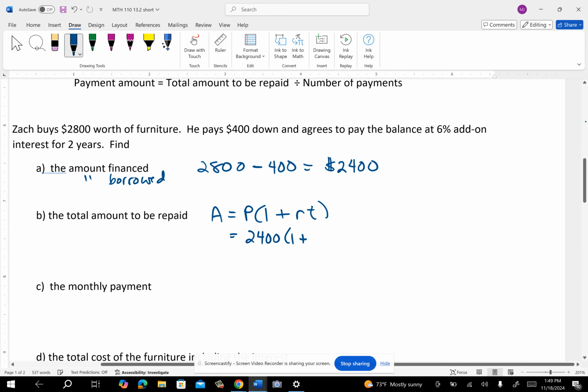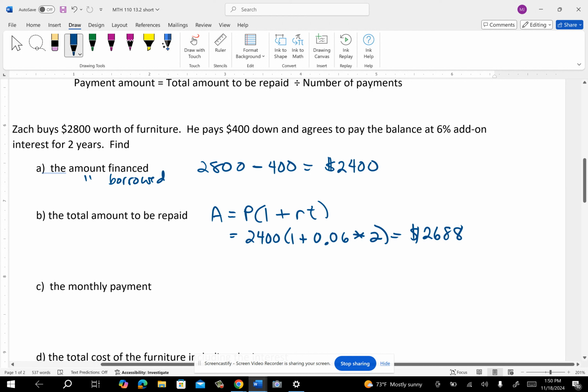Now, the interest rate is 6%, so that's 0.06, and he's not going to pay it back until 2 years, for 2 years. So the time would be 2. So when you work that out, you wind up with $2,688. So that's the total amount he'd have to repay back.